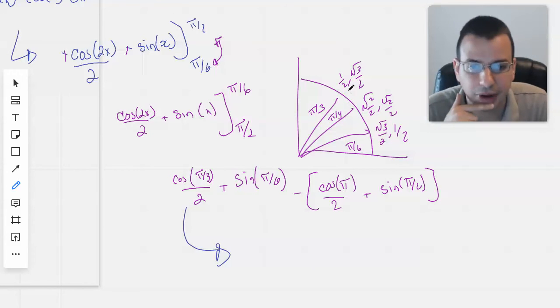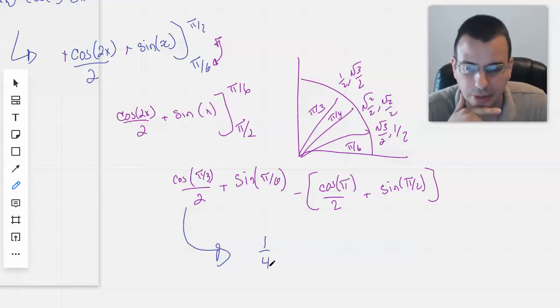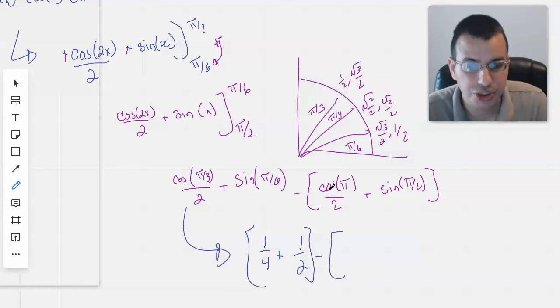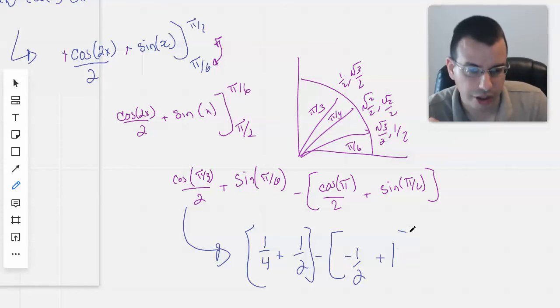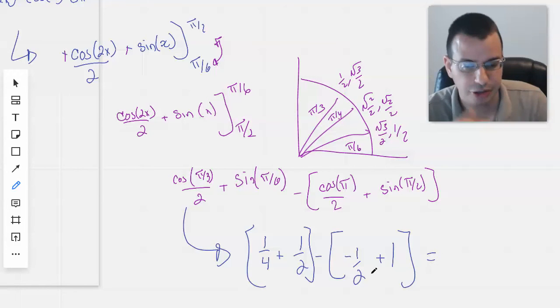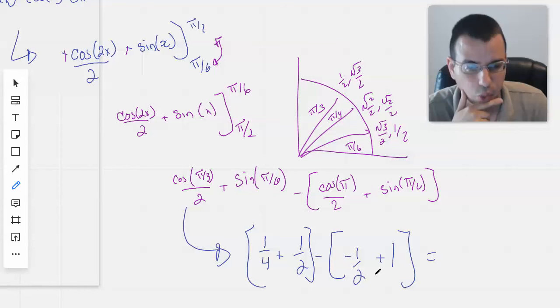So cosine of pi over 3, cosine is the x value, so 1/2 will become 1/4. Sine of pi over 6 is 1/2, minus cosine of pi is negative 1, so it'll be negative 1/2, plus sine of pi over 2 is 1, so this together will be 1/2.